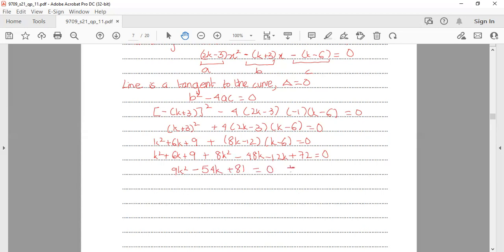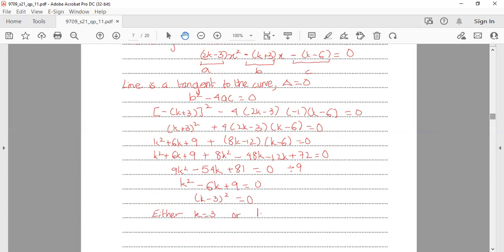We can now divide by 9 as a common factor. So k squared minus 6k plus 9 is equal to 0. From here, we can factorize this quadratic equation to get (k minus 3) whole squared is equal to 0. So either k is equal to 3 or k is equal to 3.